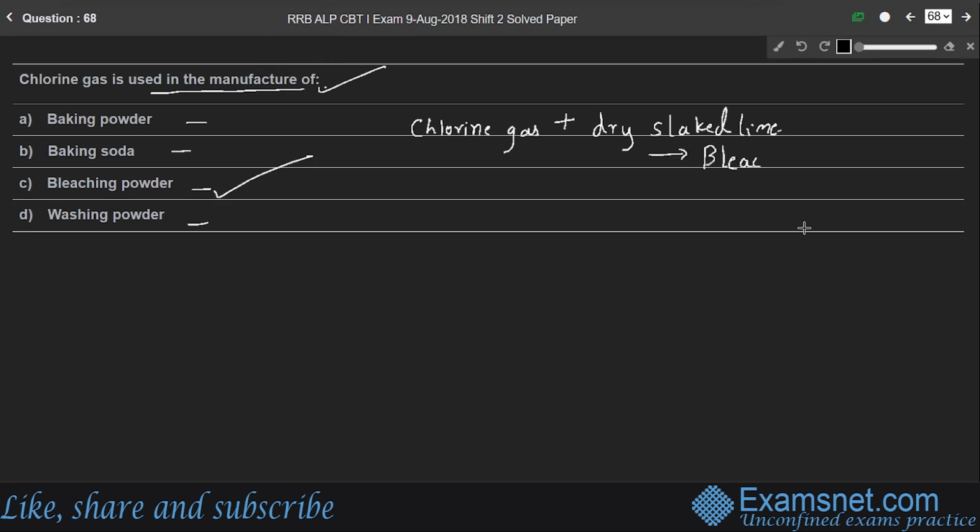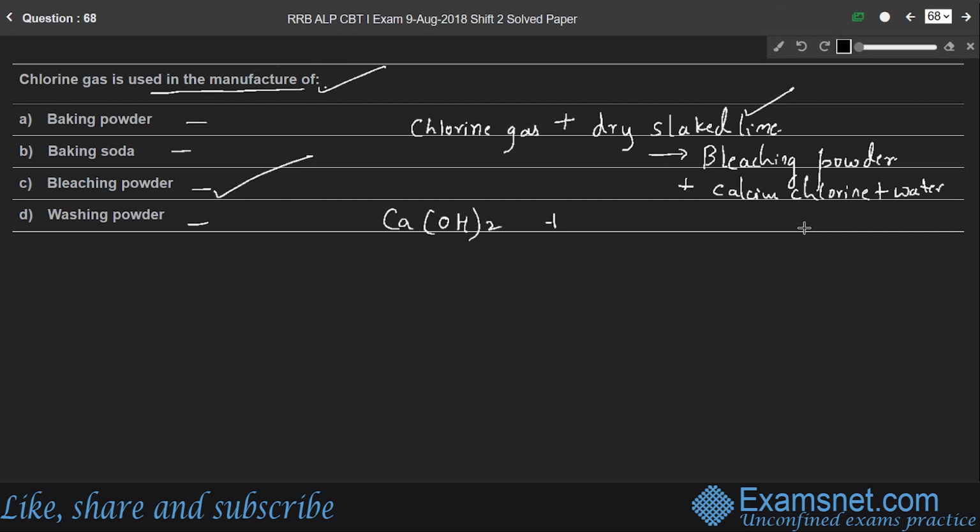Bleaching powder is nothing but calcium hypochlorite, along with calcium chloride and water. For the chemical formula, dry slaked lime is nothing but calcium hydroxide, Ca(OH)2.